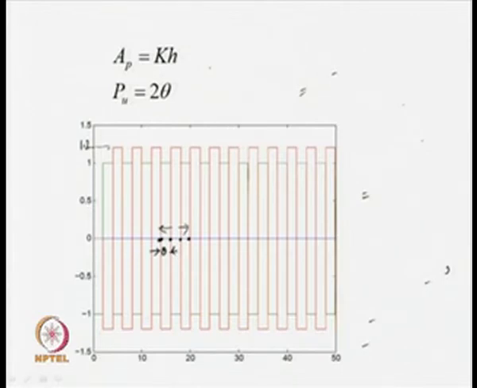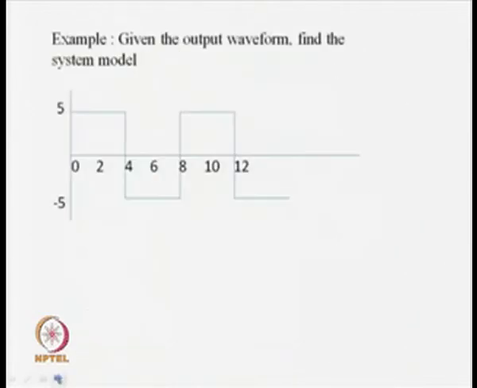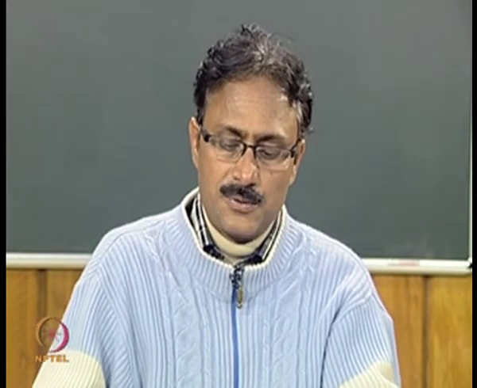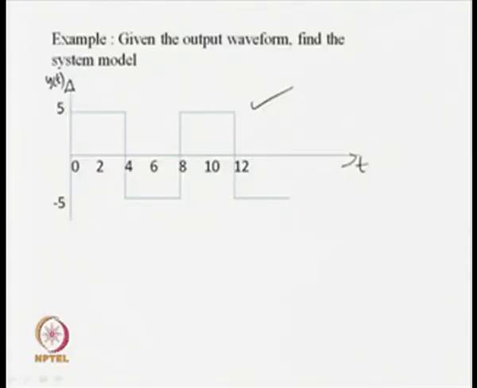Suppose a system gives us an output waveform of this form. So, this is our y(t) and this is t. Suppose when a relay test is performed on a system, the output of the system assumes this form. This is the waveform of the output.